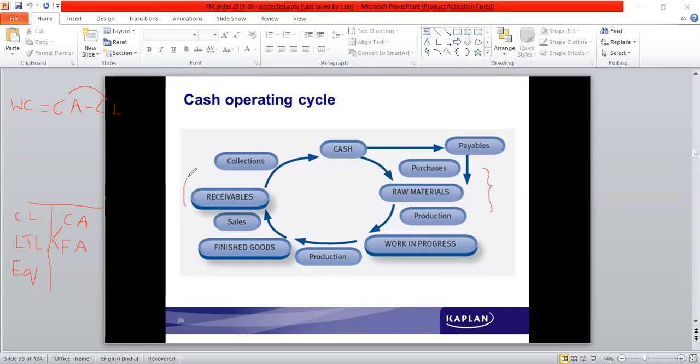This is a strategy to increase sales. That is fine, but they should also ensure that a longer credit period should not be offered to the customers. It should be used only as a strategy to increase their sales, but they cannot block their funds in receivables. So these are the ways in which they can think about reducing their operating cycle.